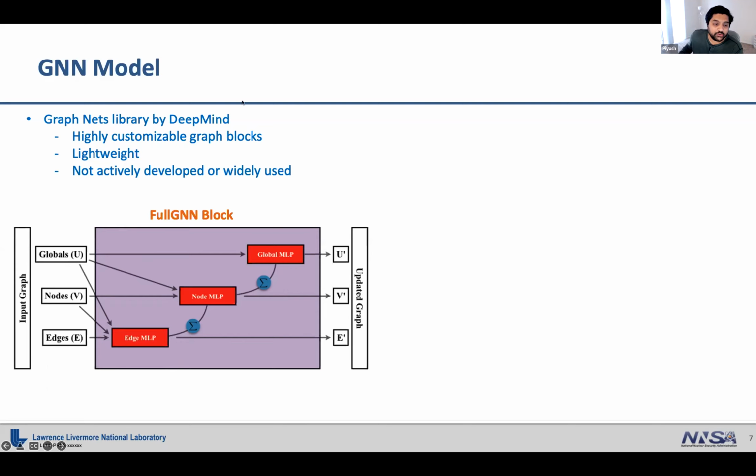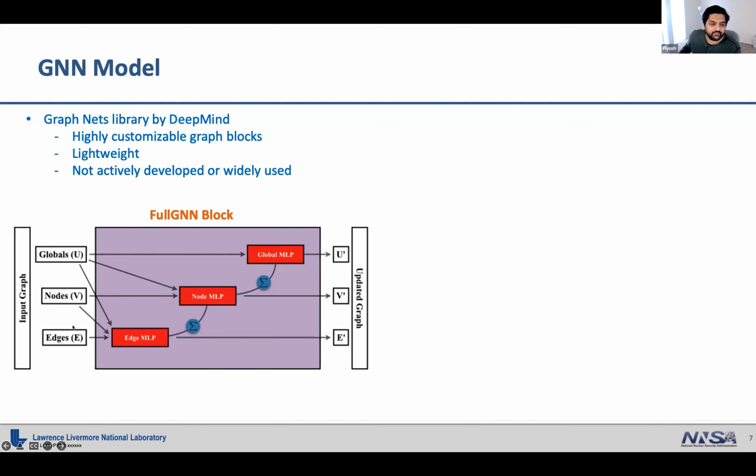What the full GNN block does is it has three MLPs, fully connected multi-layer perceptrons. There's an edge MLP, a node MLP, and a global MLP. The first step is concatenating features from edges, nodes, and globals, and sending it to the edge MLP.